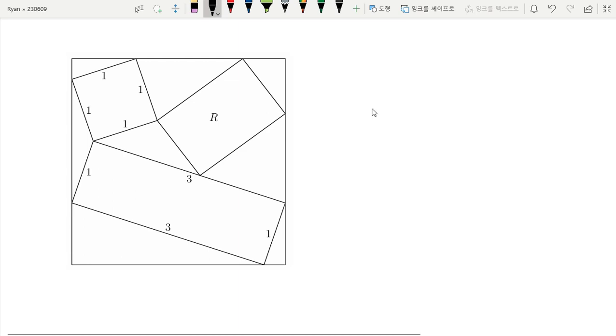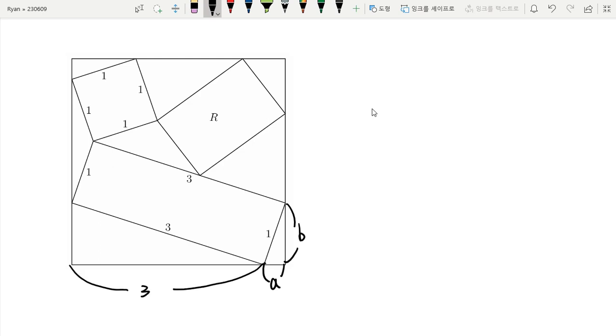So let's say in this small right triangle, the shorter leg is A and the longer leg is B. Because these two triangles are similar, if the hypotenuse is 3, this length will be 3 times B, and this one is 3 times A.